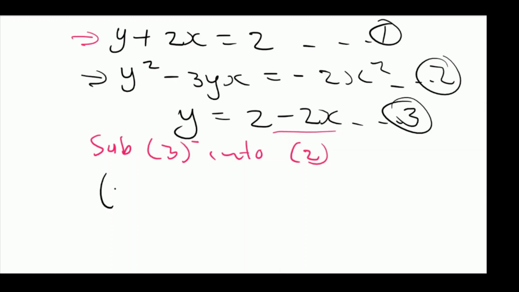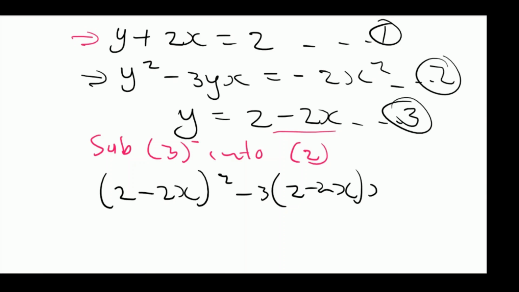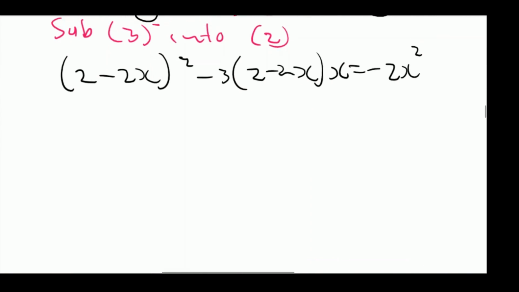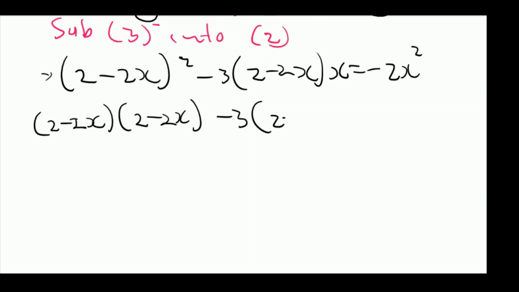So it's going to be (2 minus 2x) squared minus 3 into (2 minus 2x) multiplied by x equals minus 2x squared. So we're going to expand this expression. It's going to be (2 minus 2x)(2 minus 2x), minus 3 into (2 minus 2x) multiplied by x, equals minus 2x squared.